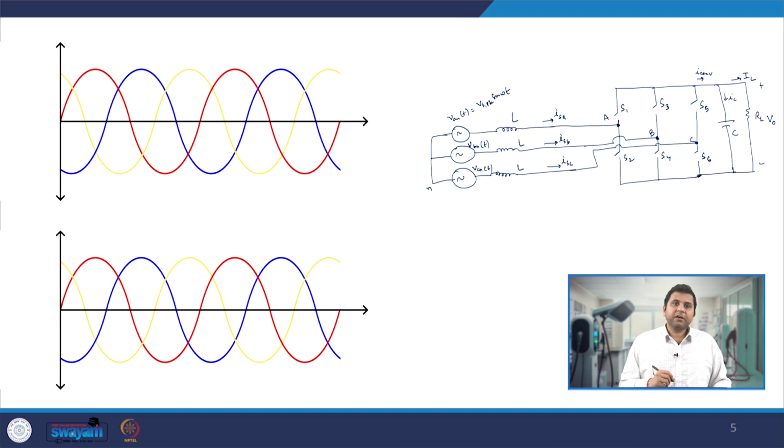So, if you look very carefully, we have here VAN, which is nothing but Vs peak sin omega t, VBN which is nothing but Vs peak sin omega t minus 120, and VCN is nothing but Vs peak sin omega t minus 240.